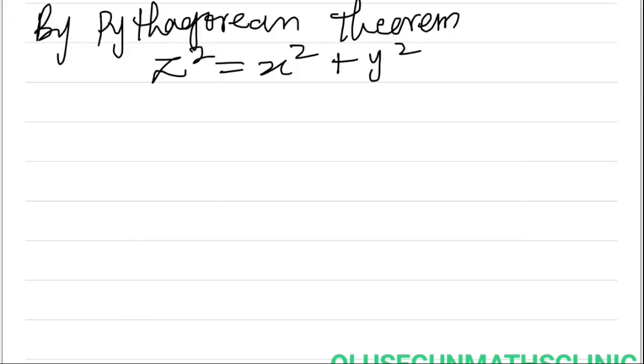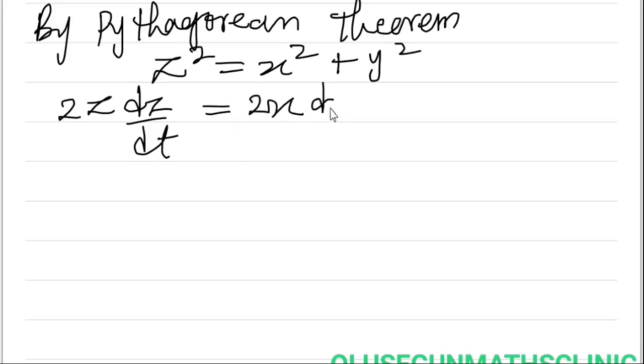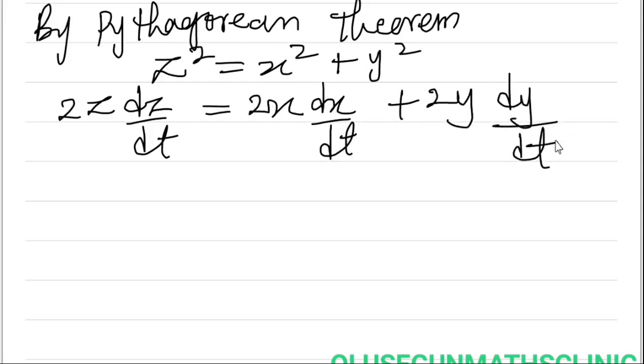So since we have this, let's differentiate each side with respect to t. In differentiating this with respect to t, we have 2z dz/dt, because we are using implicit differentiation, equals 2x dx/dt plus 2y dy/dt.